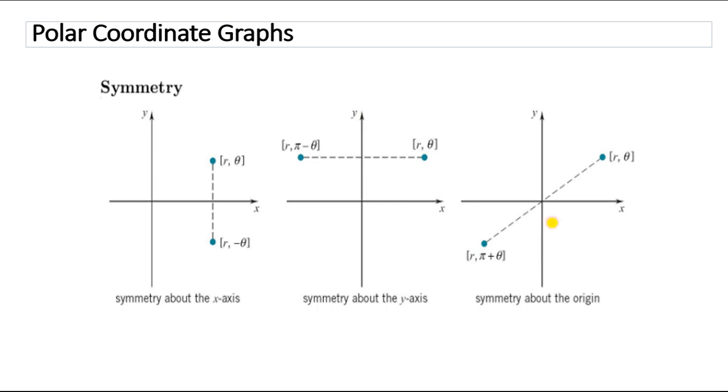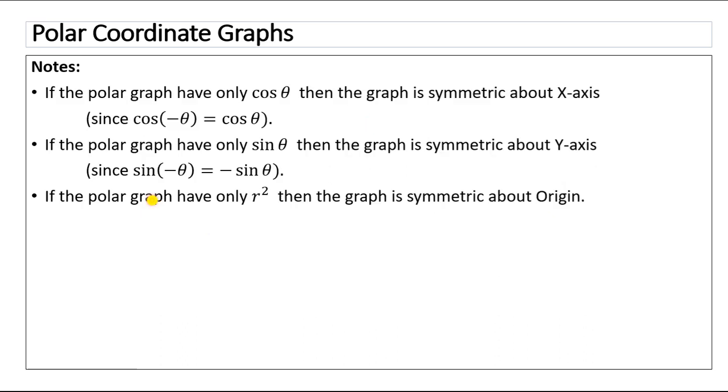Symmetric about the origin: if the graph has this point, you must have this point. The origin represents the mirror, the y-axis represents the mirror, the x-axis represents the mirror. Notes.